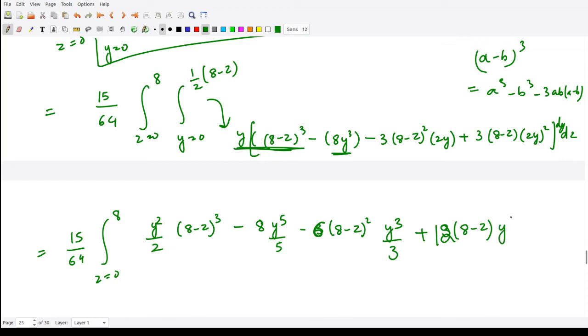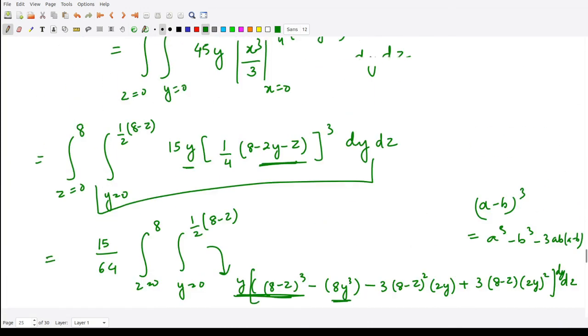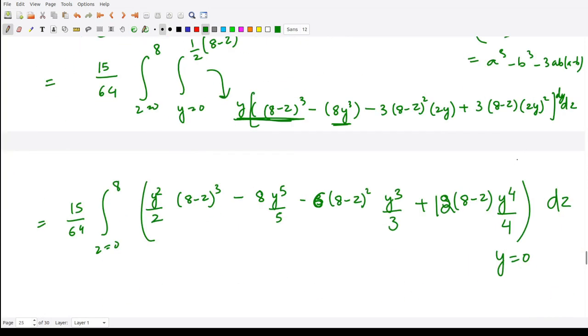Y cube integration is y to the power 4 by 4, and we have dz, and we have the limits for y varying from 0 to 1 by 2 (8 minus z).